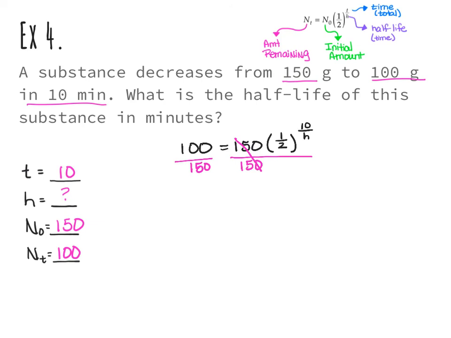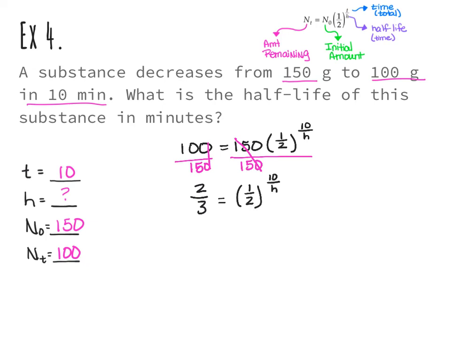And that means that we'll have 100 over 150 simplifies down to 10 over 15, which then gives us 2 over 3, because 5 goes into 10 twice and 5 goes into 15 3 times, equals 1/2 to the 10 divided by H.